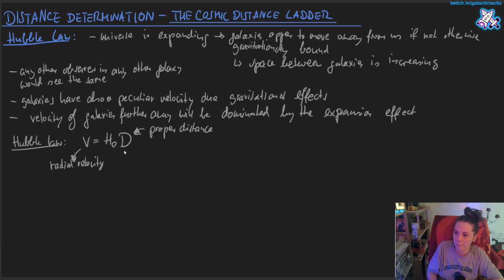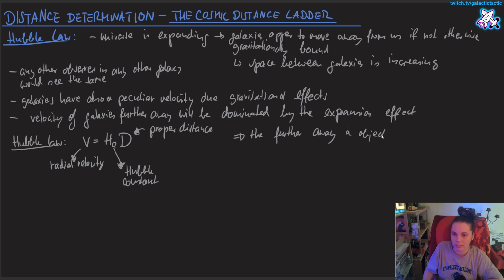And this is the Hubble constant, H0. So the farther away an object is, the faster it is moving away from us.